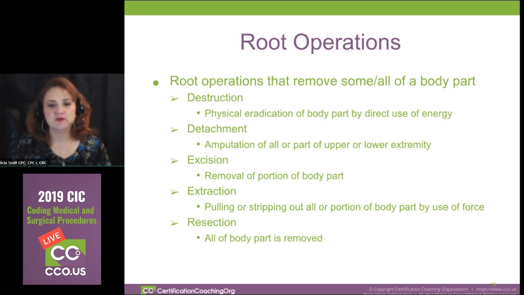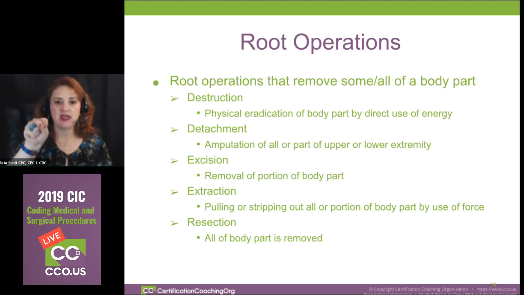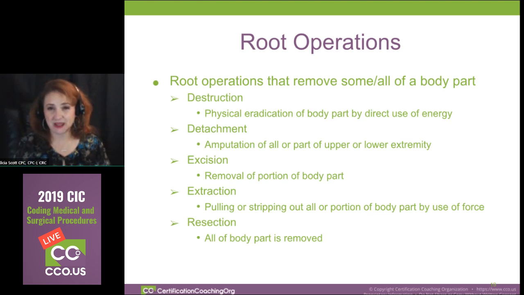Excision is removal of a portion of a body part. Now, what's the key in that definition? A portion of a body part. So you think, oh, I'm removing the thumb, that's a portion of the hand. No, because that would be an amputation and a detachment, since it is part of the upper and lower extremity.